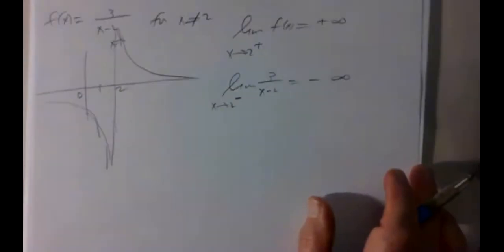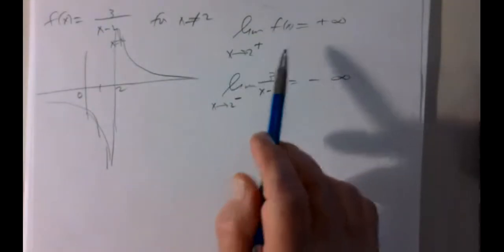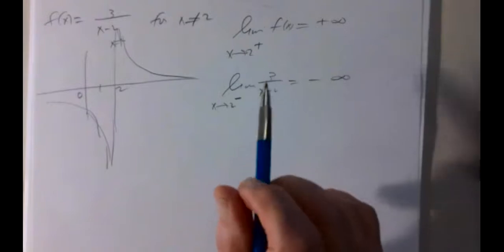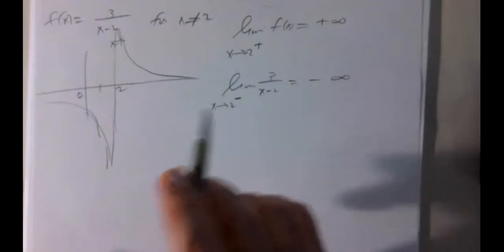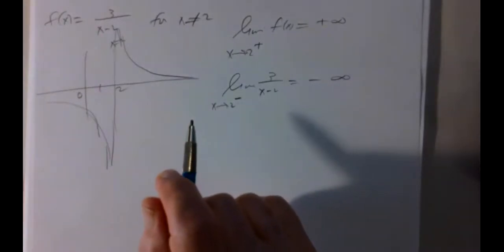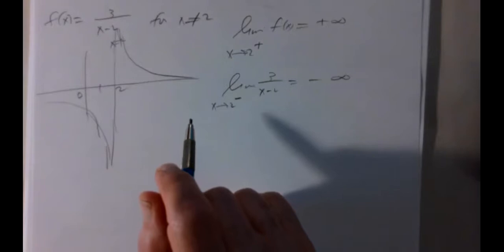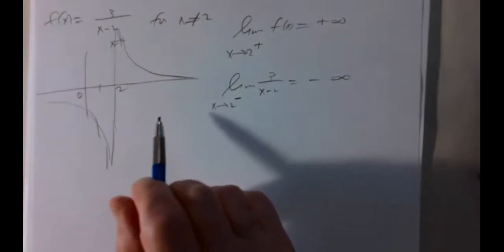So there's a very precise definition of what it means for a function to have limit plus or minus infinity as you approach some point c on the x-axis. There are really 3 things that need to be defined. One is this situation.